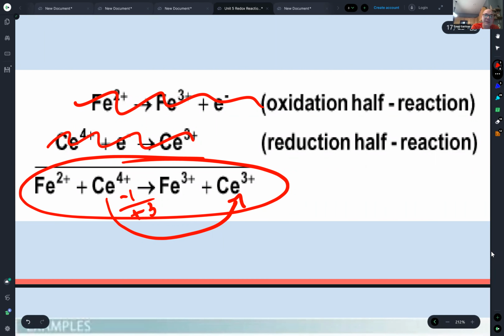So the cerium gained an electron, whereas the iron +2, it lost an electron. And how do I know that? Because how do you get to +3 is that you have lost one more electron. You have to lose one more electron. So if I lose an electron over here, that would give me +2. And that's the reason why the electron appears on the right side. All right.